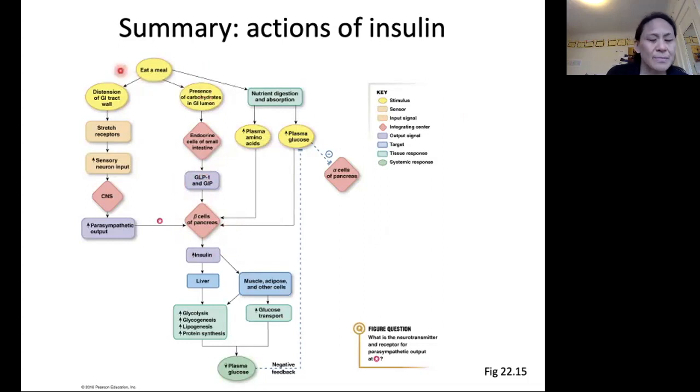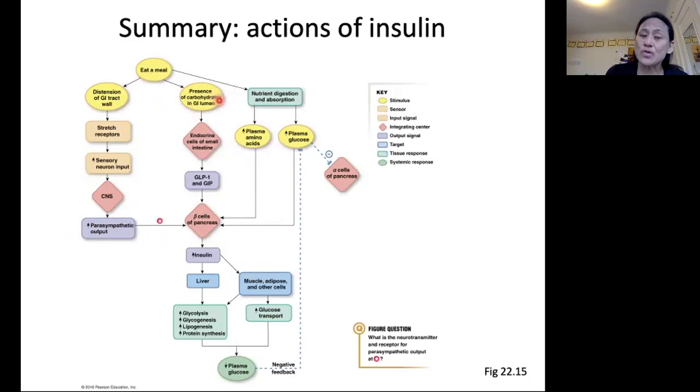We have these stimuli from our digestive tract. You may or may not remember this from the digestive unit, but when our stomach distends, when it grows from the entry of food, that is going to activate the nervous system, which then is going to increase parasympathetic activity, and that is going to stimulate the beta cells.